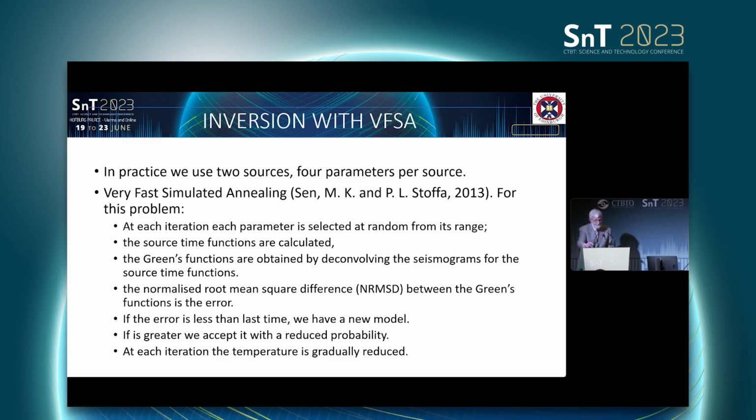The Green's functions are obtained by deconvolving the seismogram for the source time function. And then the normalized root mean squared difference between the 2 Green's functions is the error. If the error is less than last time, we have a new model. If it is greater, we accept it with a reduced probability, and at each iteration, the temperature is gradually reduced until you converge.